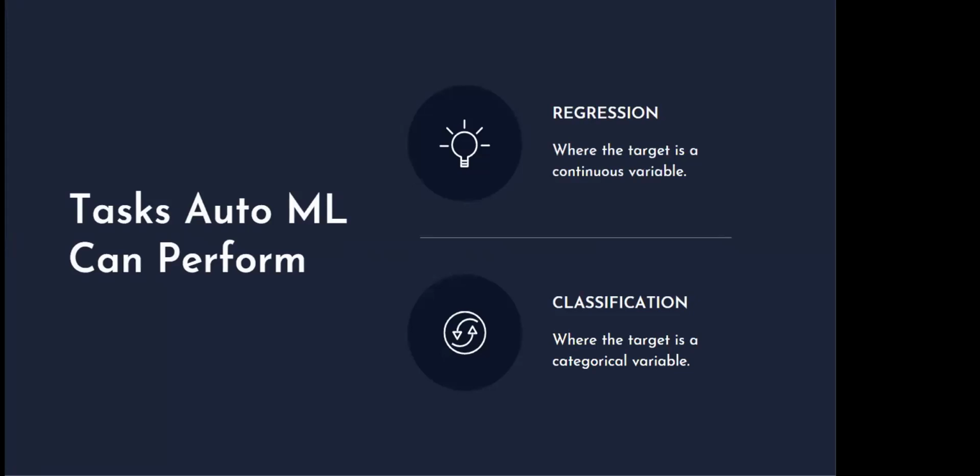And what are the things you can perform by using AutoML? You can perform either a regression task or a classification task. We use regression to predict a continuous valued outcome, or when the target variable is continuous, we use regression to predict its values.